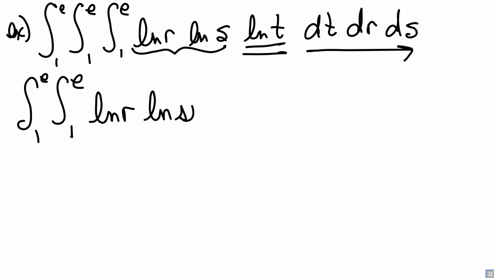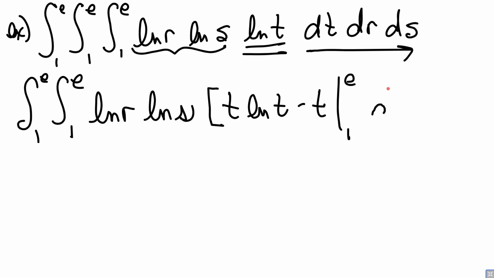Okay, so if we do integration by parts, the antiderivative is going to be t times the natural log of t minus t, and we're going to evaluate that from 1 to e. And then we're going to integrate with respect to r, and then integrate with respect to s.